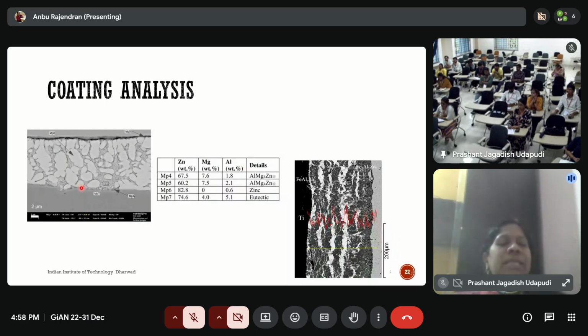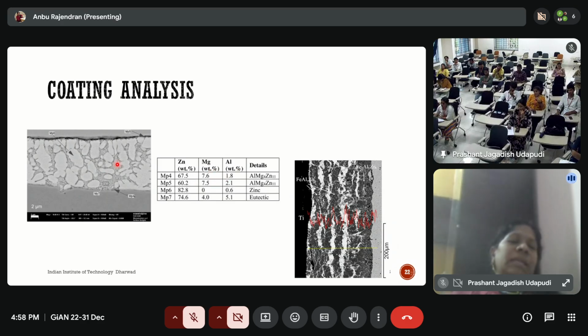This is one of the coating samples. Again, you can see the color contrast differences based on the composition variation within the coating material. If you want to analyze phases enriched with some component, or phases depleted of some component, this is the base metal and this is the coating over the substrate. All these things can be measured using SEM EDS analysis.